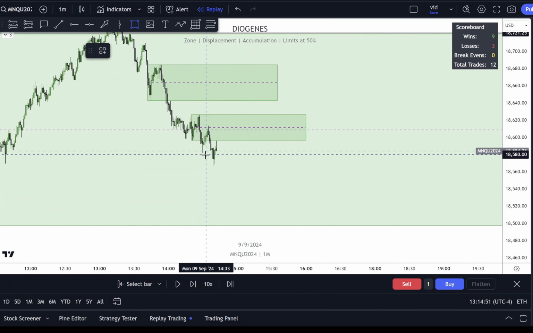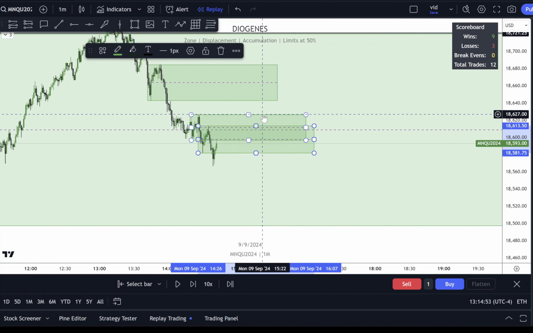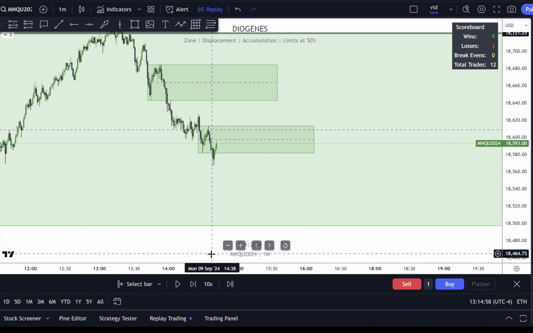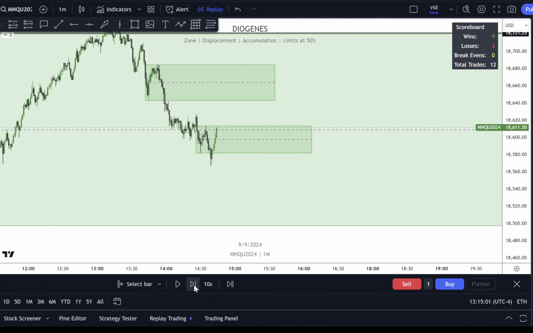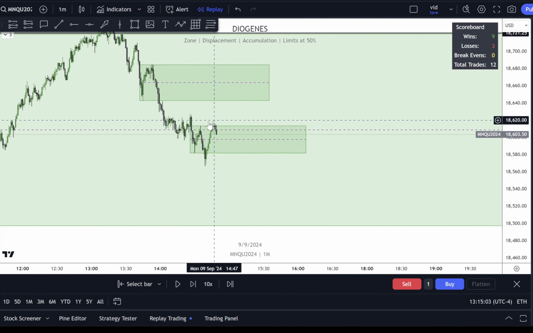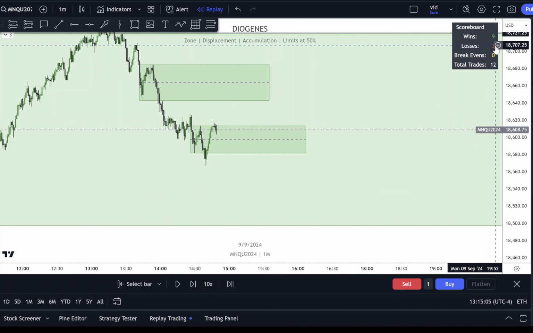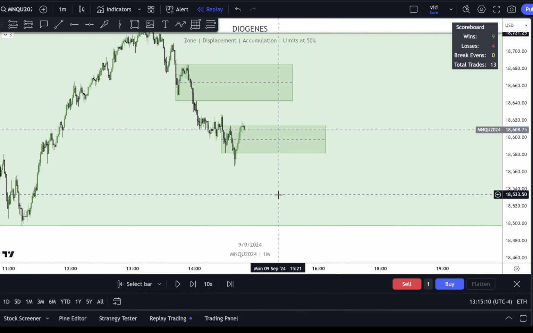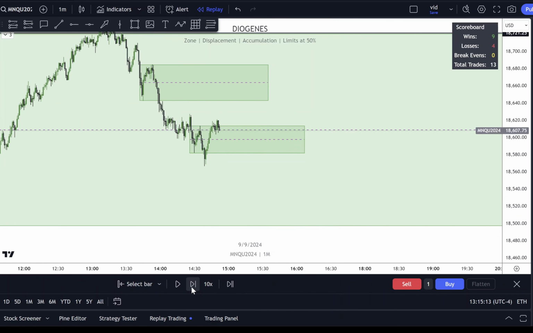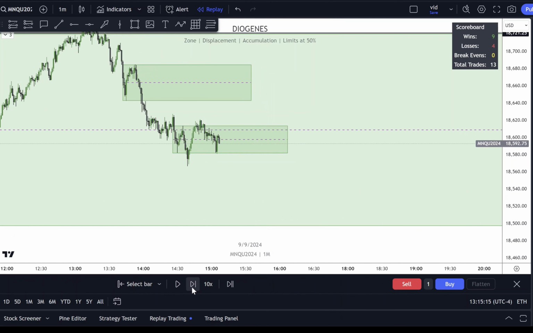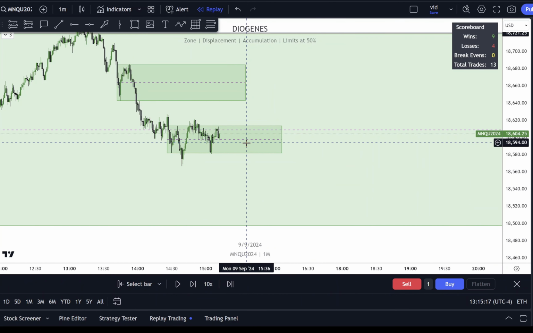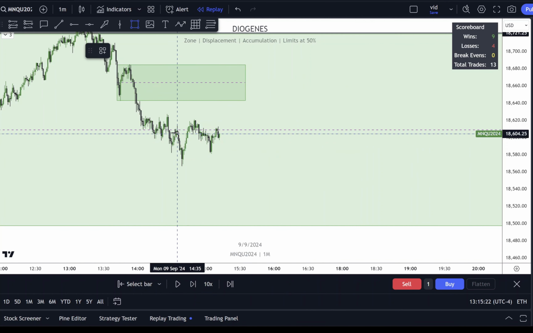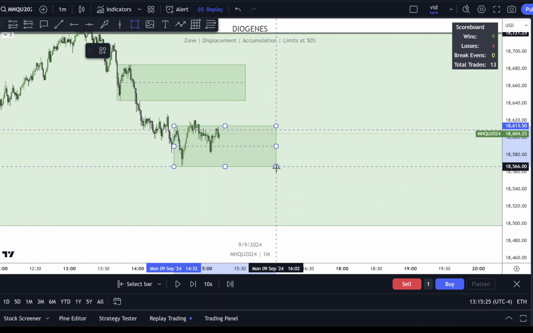Now we have this beautiful zone again. It's getting risky, I admit it, but that's a trade I can take. Okay, so this is stop loss. Okay, that's my fourth stop. No problem. Oh, so now they took my stop loss, sorry. They took my stop loss and they closed above this zone, okay?